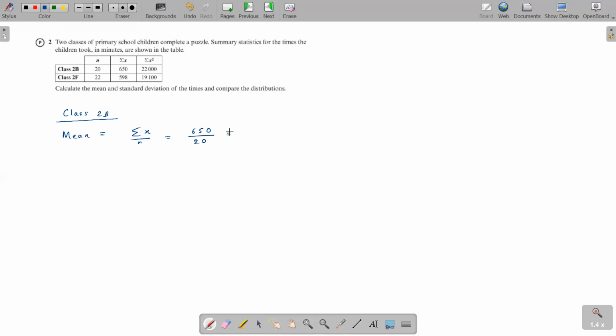And the answer is 32.5. So you can get the answer from the calculator. And then let's also calculate the standard deviation. The standard deviation calculation is the square root of sigma x squared over n minus sigma x over n, the whole thing squared.